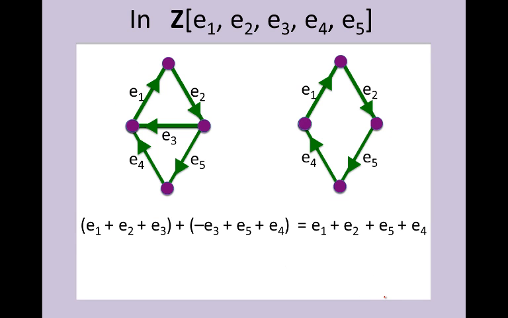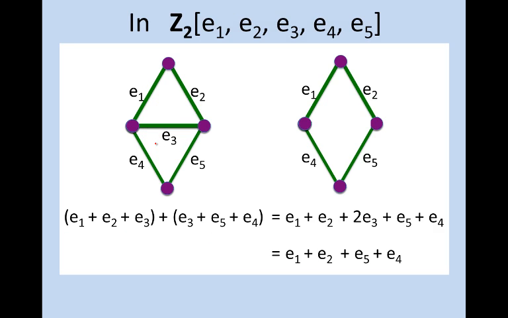With oriented edges, the edge E3 canceled out algebraically when I added these 2 cycles together: E1 plus E2 plus E3 plus minus E3 plus E5 plus E4.